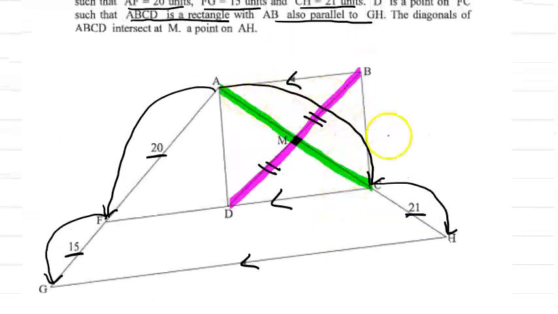So now that we know that the length of AC is equal to 28, therefore the length of BD will also equal 28 because the diagonals are equal in length. And because DM equals MB, diagonals bisect each other. Therefore, DM will equal 28 divided by 2, which is 14. So our answer should be DM equals 14.